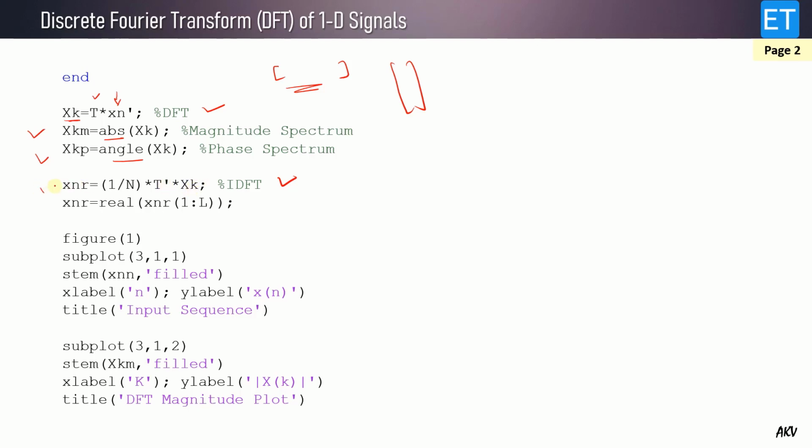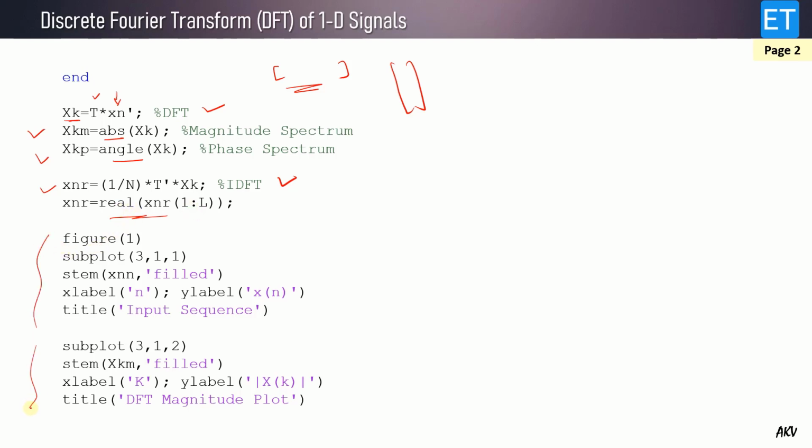So you will get your xnr, that is a recovered xn, and now just getting only the L values because other values after L, zero padding is done. I don't want zeros or padded zeros. I want only the signal values. So I'm just taking the first L values and then only the real values of that.